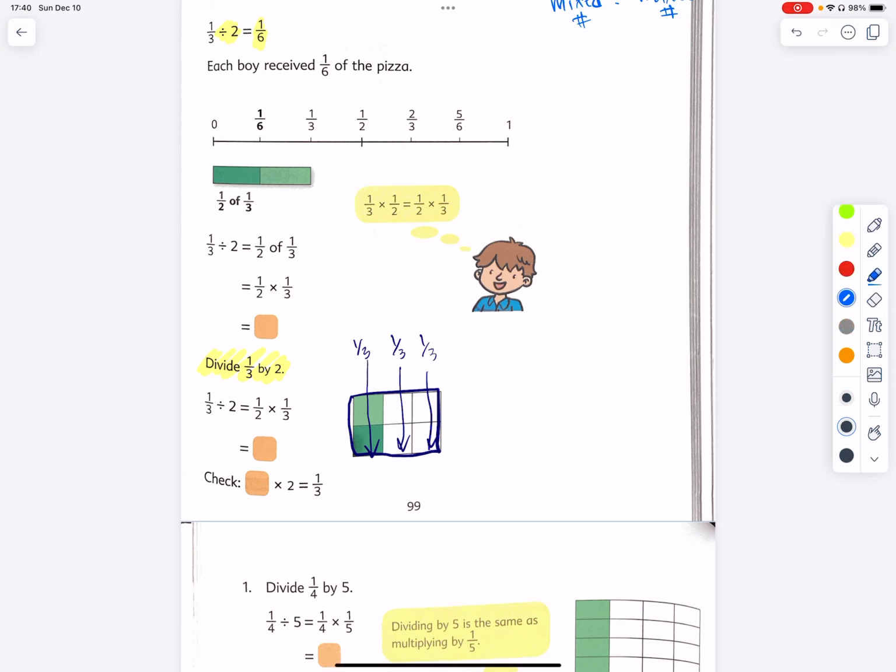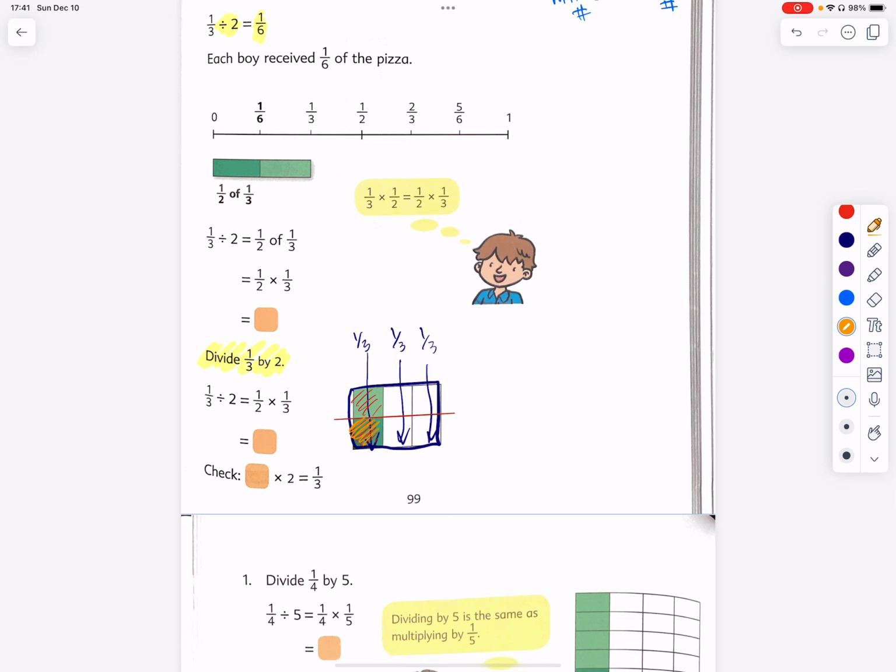Now, what happened to each third? It was divided into 2 equal parts. Take a look, right? So what we have is a half of a third and another half of a third. But if you look at it relative to the original, each of these smaller sections is actually 1/6 of the entire piece.